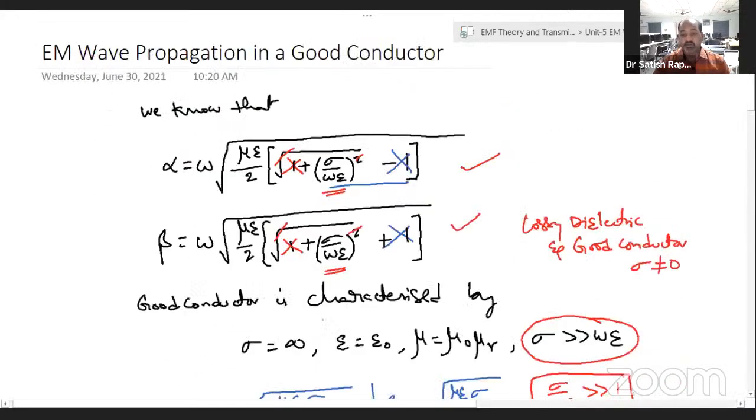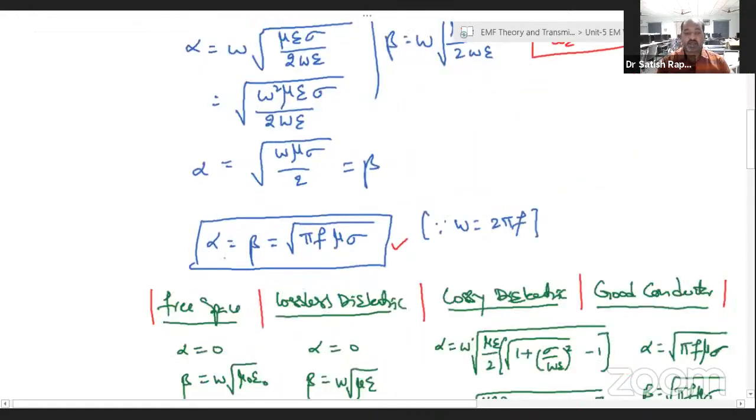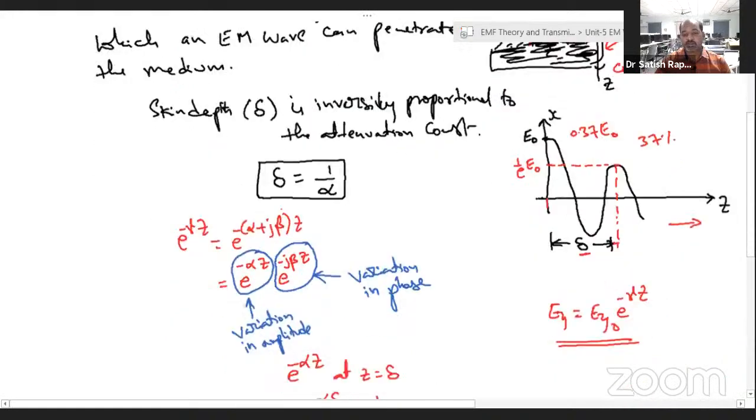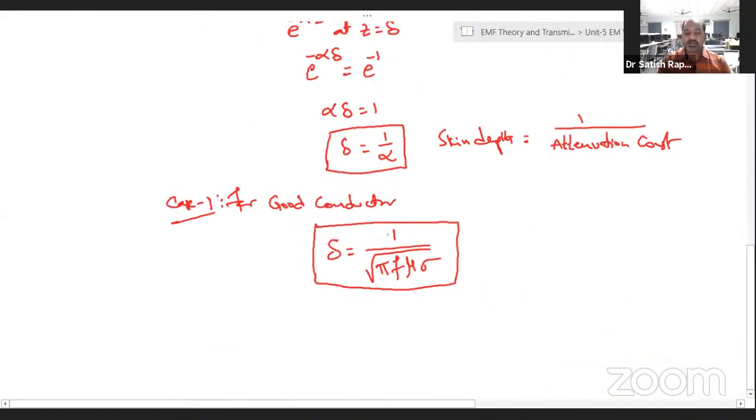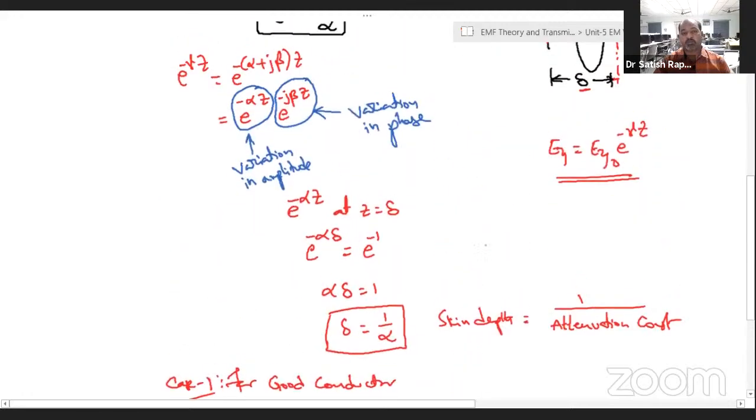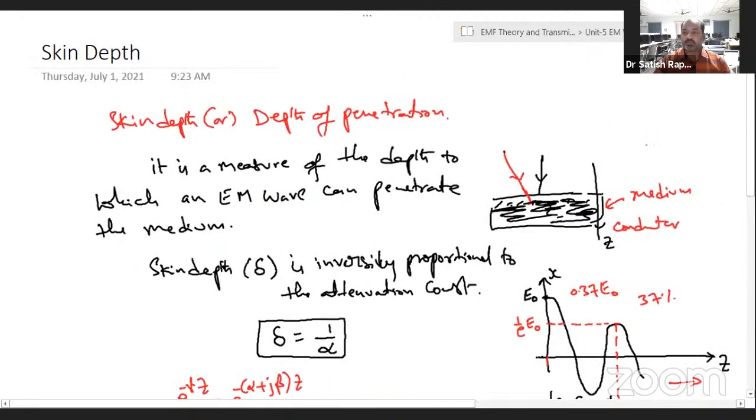In the last class I discussed alpha. So alpha is equal to root over pi f mu sigma for a good conductor. Substituting that expression, we get delta is equal to 1 by root over pi f mu sigma. So this is about skin depth or depth of penetration.